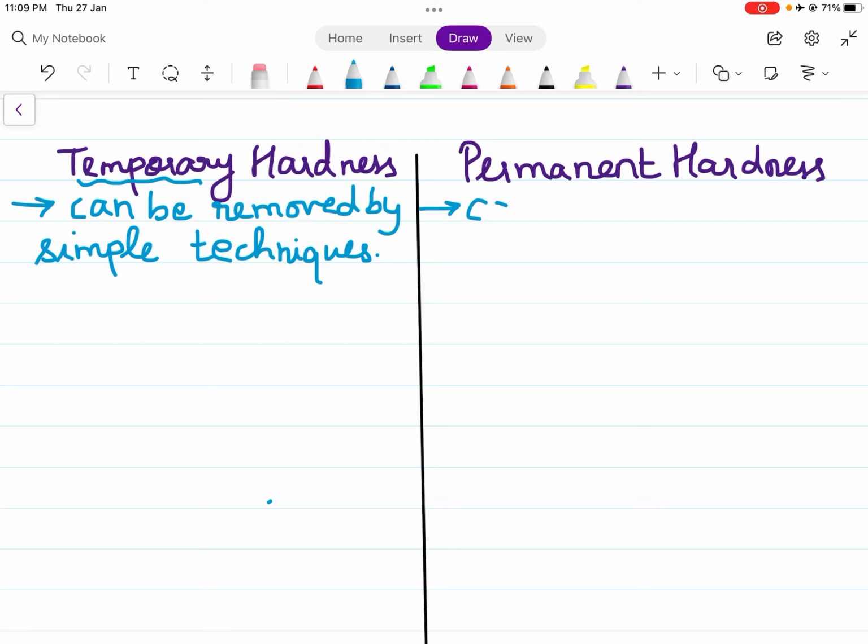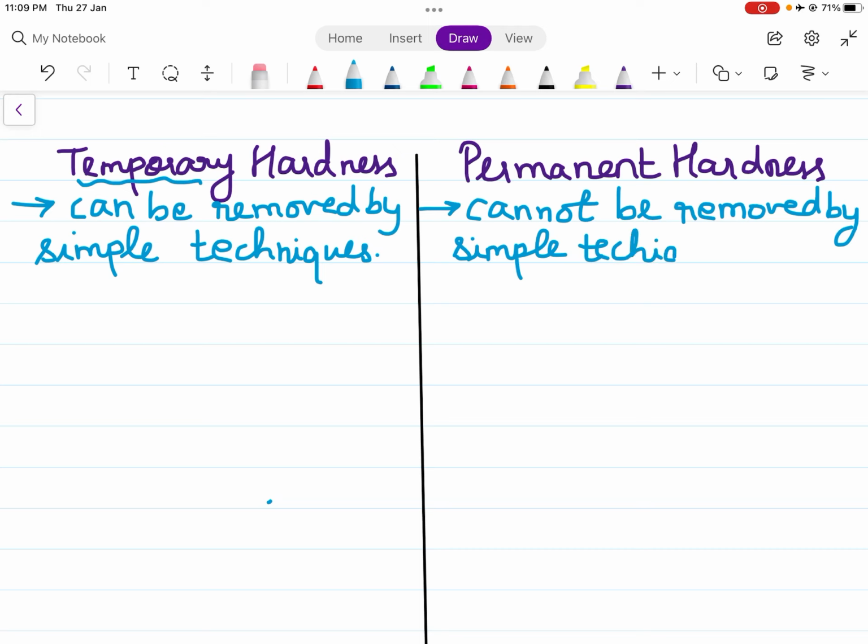And permanent hardness cannot be removed by simple techniques. Agreed or no? Obviously. Why? Because for this we require chemical processes.